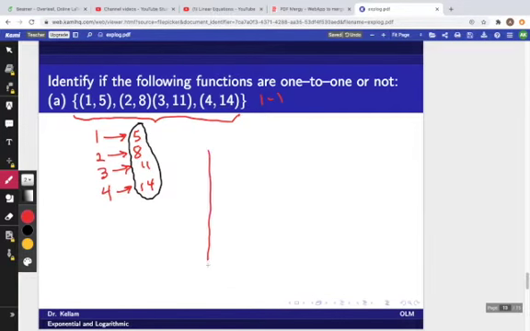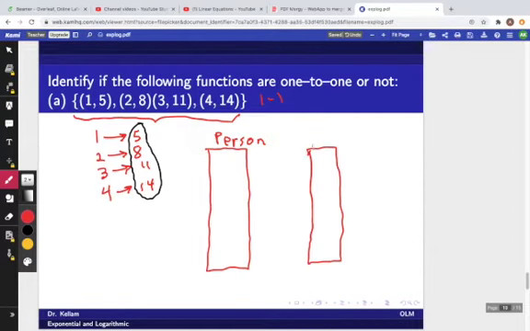Well, let's look at this. Let's say person to model of car. So, for example, Dr. Kellum drives an Accent.